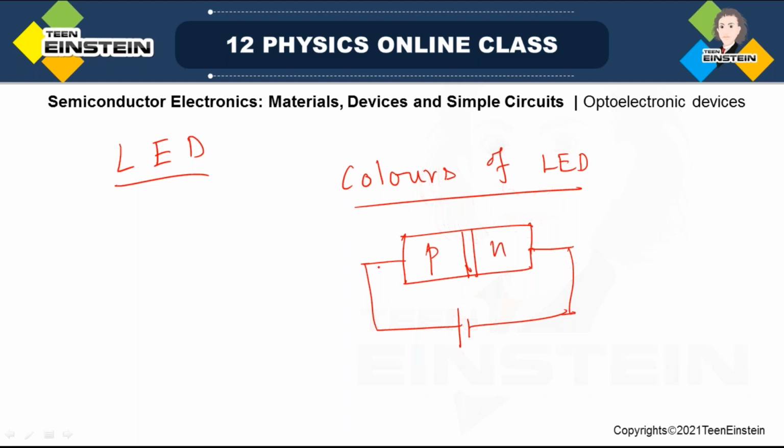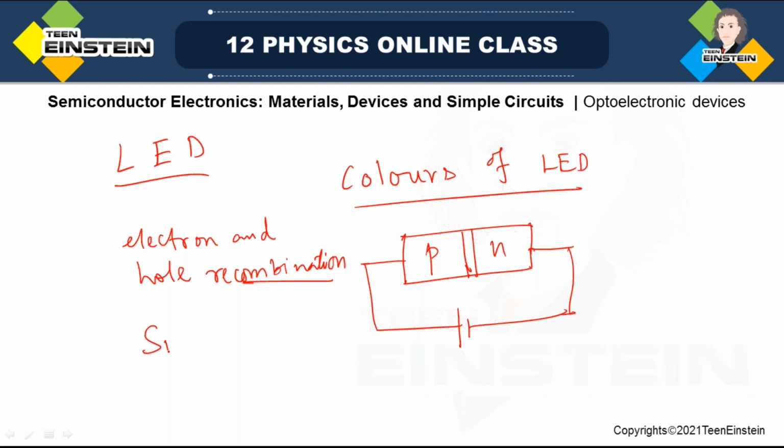Actually, in any case, electron and hole recombination will always be there. This happens for any type of diode. But the problem is that the energy generated upon recombination will not always come as photons.